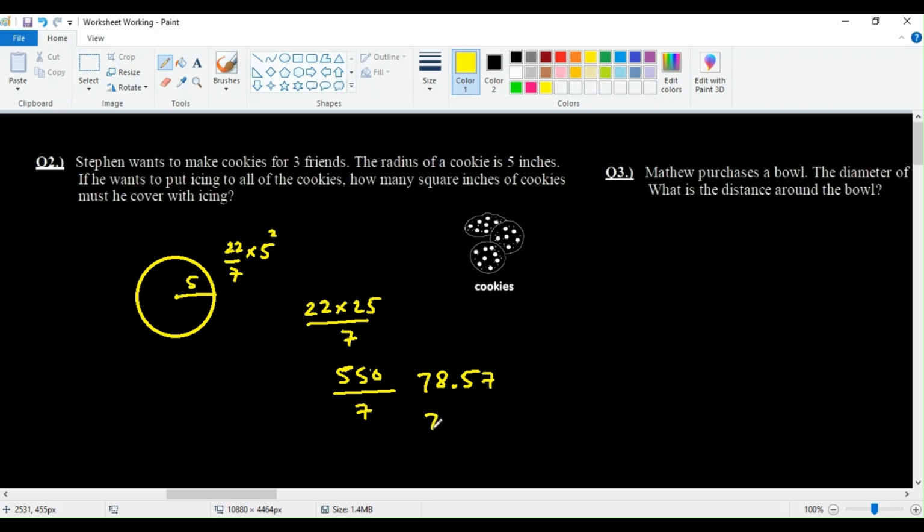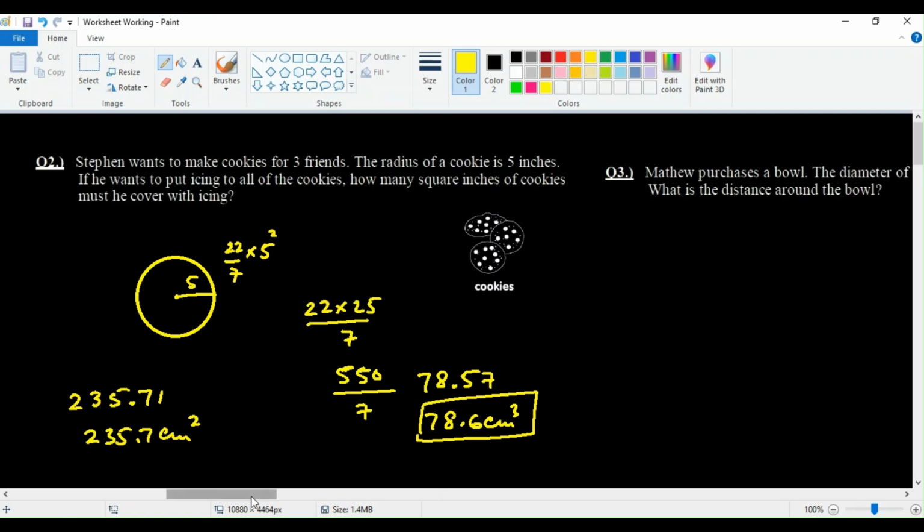And the final answer is going to be 78.6 square centimeters for one cookie. Now in here, it says that we have 3 friends. That means this should be multiplied by 3. Multiplied by 3 gives you 235.71. So 235.7 square centimeters is going to be the answer for this question.